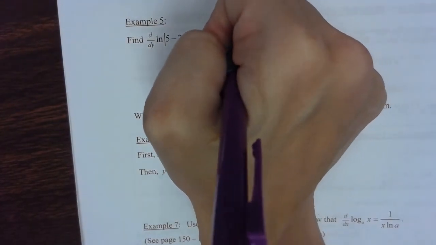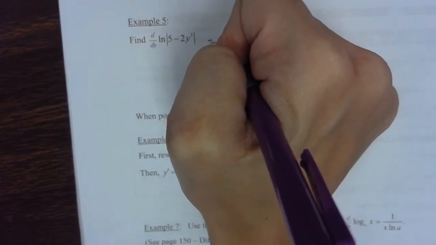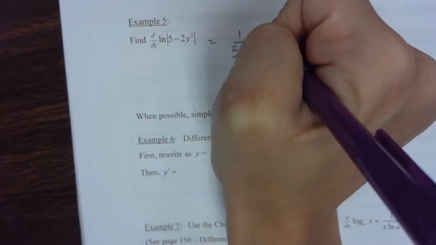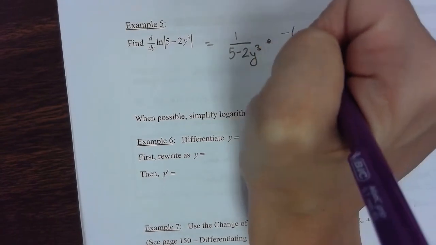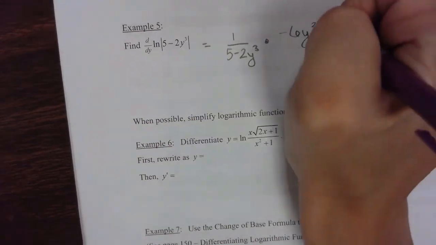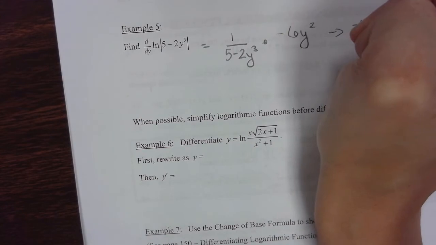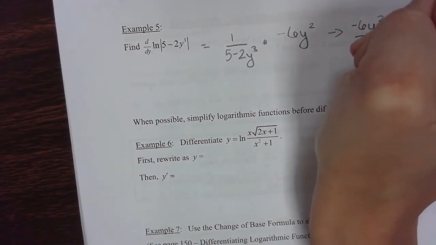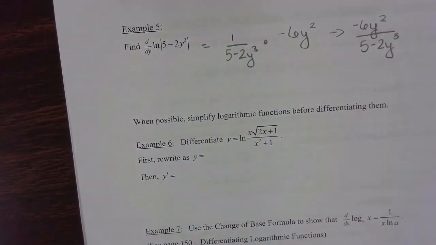So we have 1 over 5 minus 2y cubed times the derivative of the inside, which is negative 6y squared. And then as you can see, the only thing we can do is put that together as negative 6y squared all over 5 minus 2y cubed. And we're done.